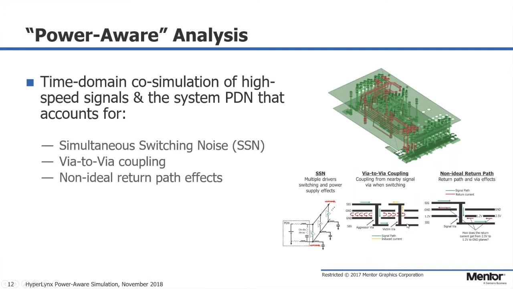There's also some of the full wave solver activity going on to get the via-to-via coupling modeling and non-ideal return path information. So lots of different engines coming together into one space to get you a full model of that entire system. Anyway, so that's power analysis.